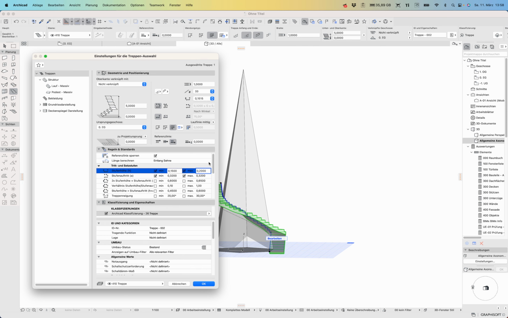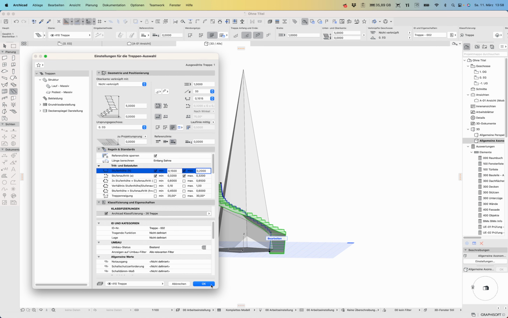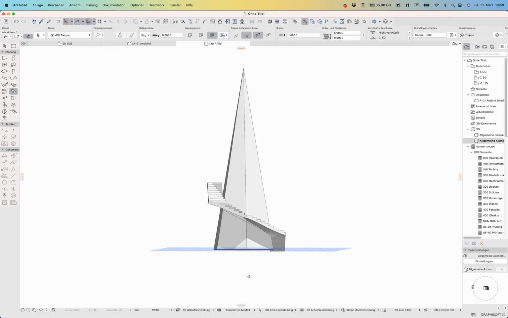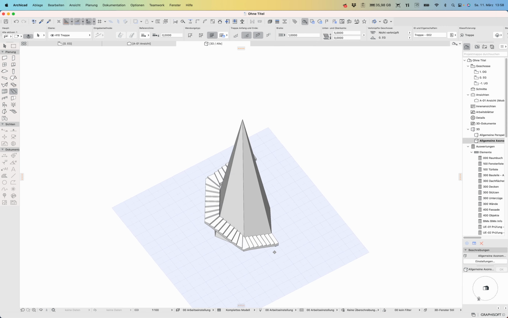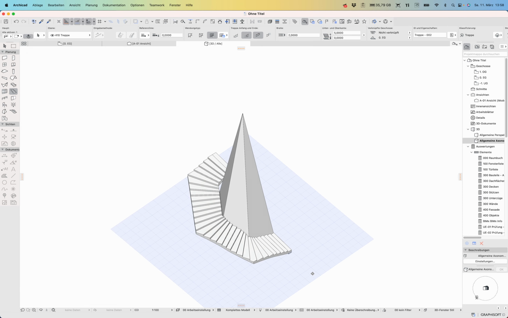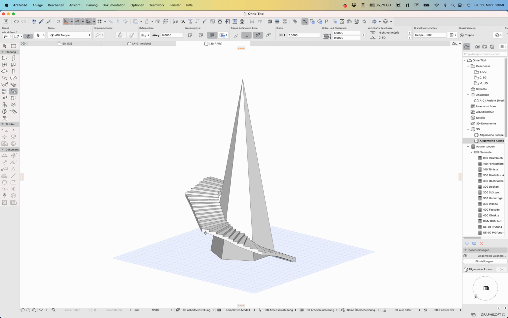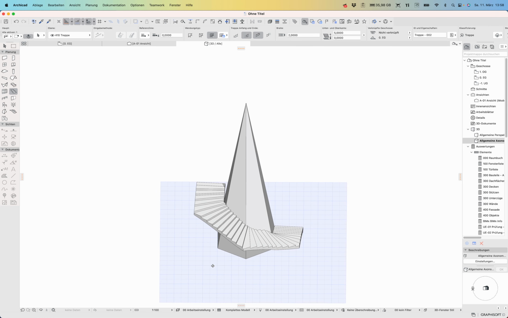A little one. Yeah, it doesn't change much. Let's make it broader, 2 meters. It's more interesting.